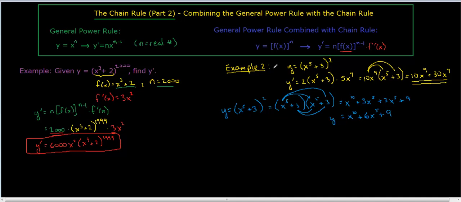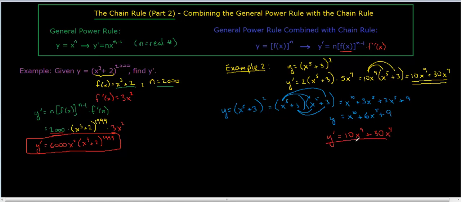So there's y. Now let's find the derivative. If I take the derivative just using the standard power rule, that's 10x to the ninth. And then here I have 5 comes down, 5 times 6 is 30, x to the fourth, plus the derivative of 9 is 0.